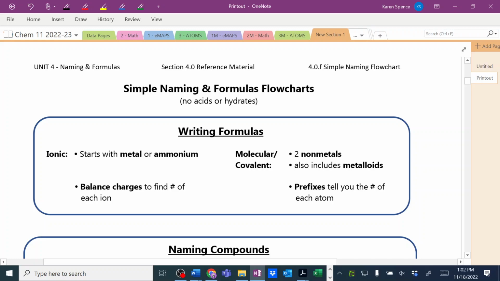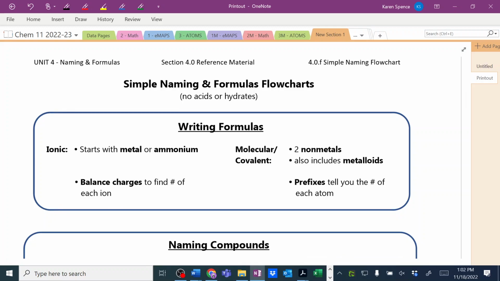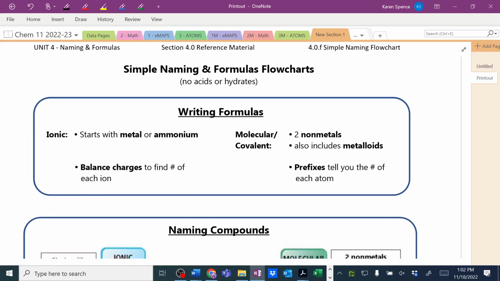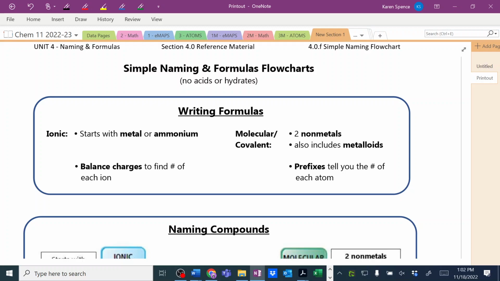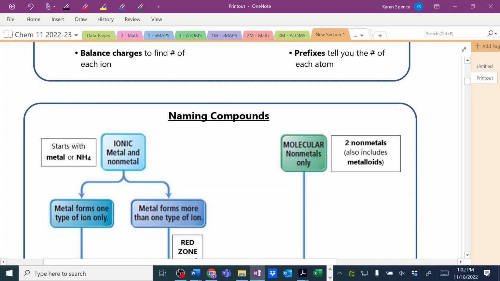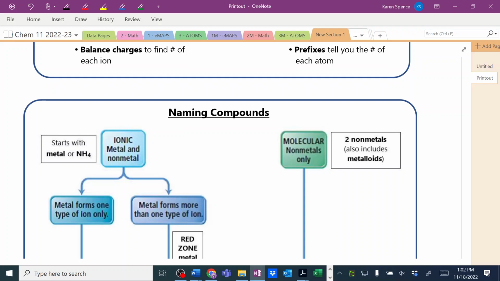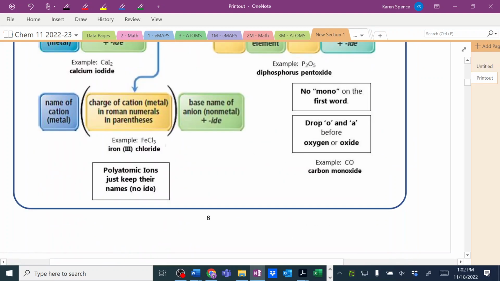Here we have a nice little flow chart. So if you get to the end of the unit and you're like, how do I write formulas? There's a summary. How do I name compounds? There's a summary. This is on page 6.